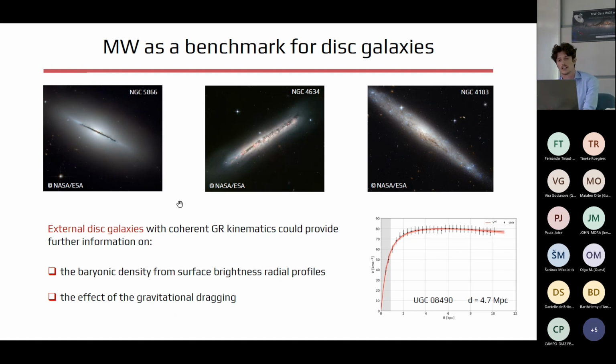In this regard, the Milky Way can play a reference role for external disk galaxies. On the other hand, external disk galaxies with properly defined kinematics could give us more hints about, for example, the baryonic density from measured surface brightness profiles, and also about the effect of the gravitational dragging, as it is supposed to sustain their flat rotation curves, like for this galaxy.